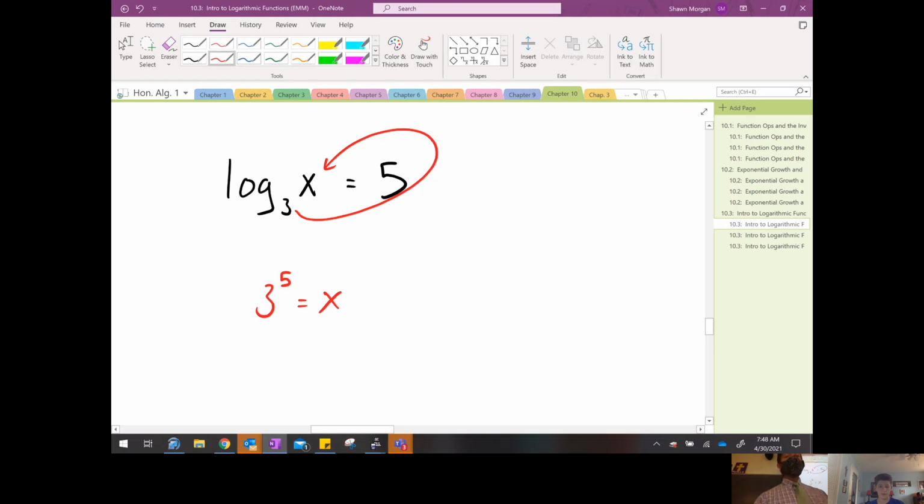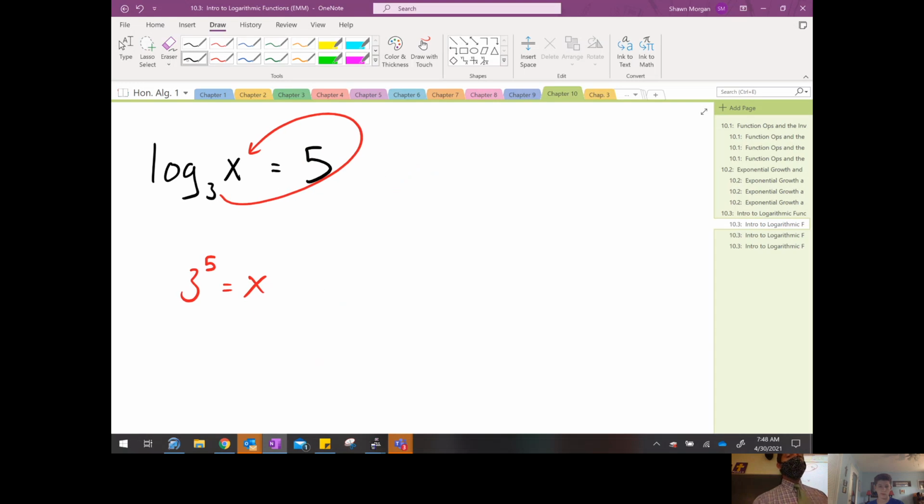But do you know what you could do as an alternative? Instead of doing the can you see it approach, here we go, log base 3 of x equals 5. You could operate upon each side. Do I want to add 1 to both sides? No, that's not going to help. Do I want to take the square root of both sides? No, I could do that if I wanted to, but it's not really going to help.